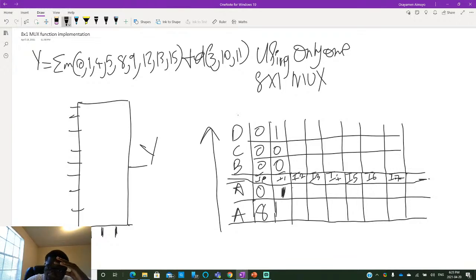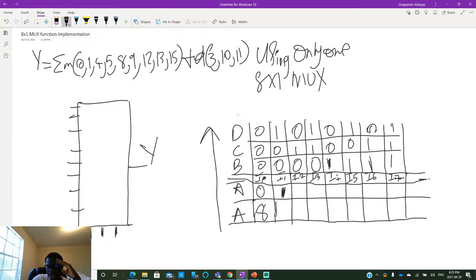And then we have 0, 1, 0, 0, 1, 1, 1, 0, 0, 1, 0, 1, 1, 1, 0, and 1, 1, 1.